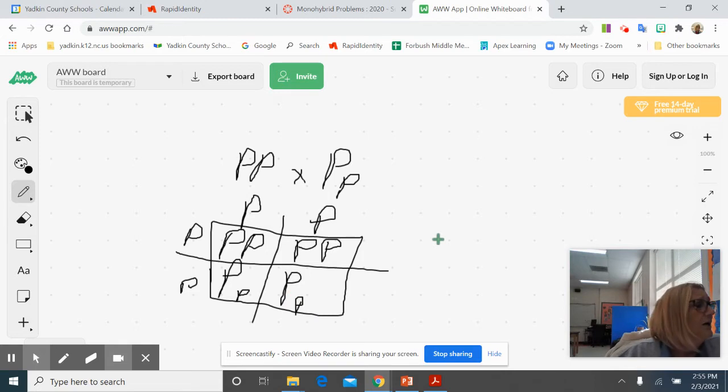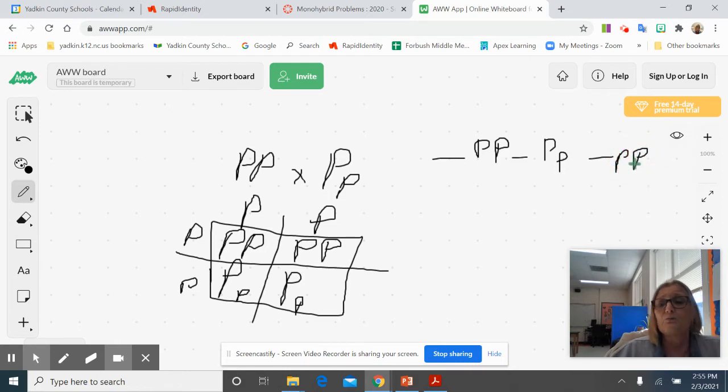Okay, so underneath it's got a line and it's got dominant, dominant. It's got a line and it's got dominant, recessive. It's got a line and it's got recessive. So what this wants you to do is the genotypic ratio.